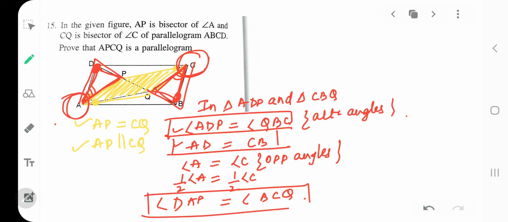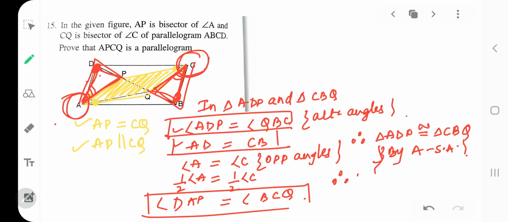Hence can we say that the two triangles ADP is congruent to triangle CBQ, by which test will we go? Angle, side, angle. So we'll go by the ASA test. Once you got that, you can write therefore AP is equal to CQ by CPCT.